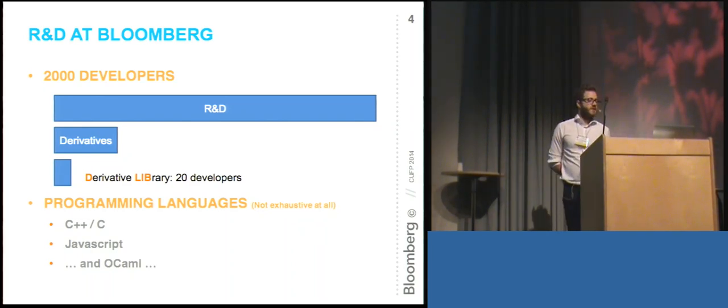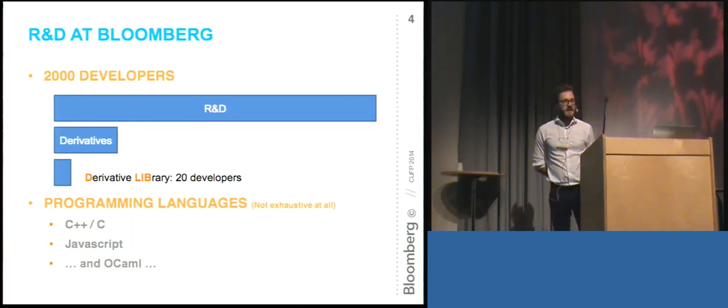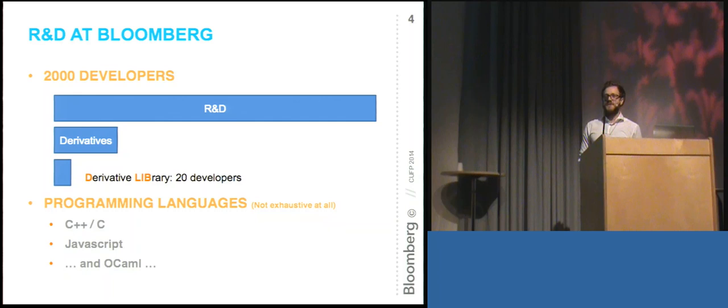Front-end UI code is written in JavaScript, so very common. And OCaml. So my team is actually actively using OCaml, and I'm going to tell you the story about that.